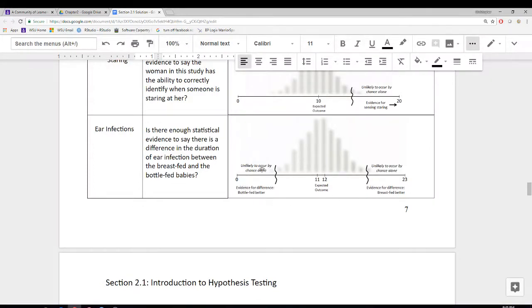If we were too low on that number line, that would indicate that bottle-fed kids were doing better. The important thing to note here, though, is that both ends of the distribution provide evidence for the research question. And hence, when determining cutoff values, we must consider both sides of the distribution.